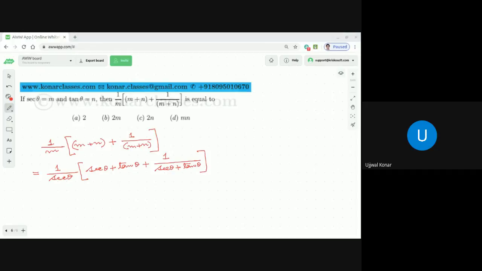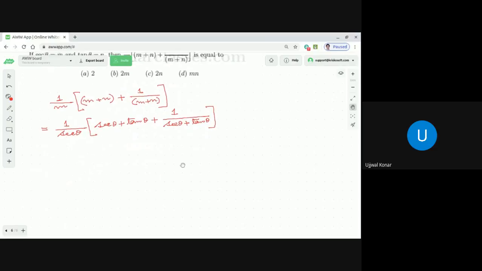Now, if we simplify further, dear students, what are we going to get? In the denominator, we get the LCM as sec theta into sec theta plus tan theta, and the numerator becomes sec theta plus tan theta whole squared plus 1. Sec theta plus tan theta whole squared is sec square theta plus tan square theta plus 2 sec theta tan theta, plus 1.